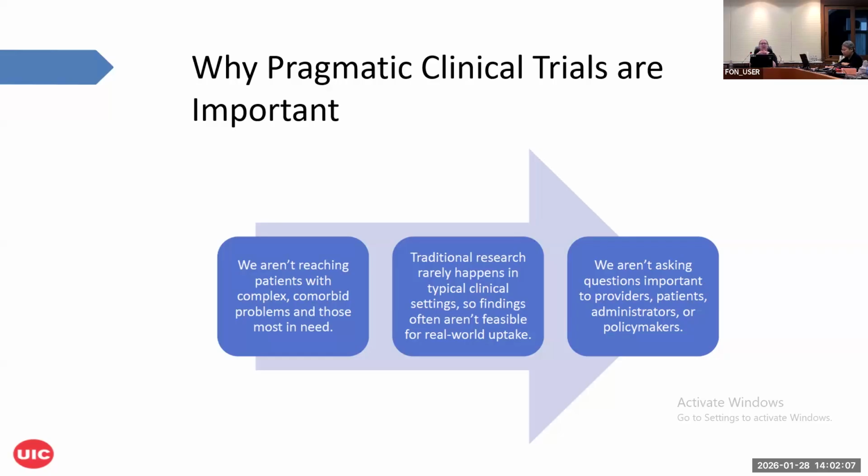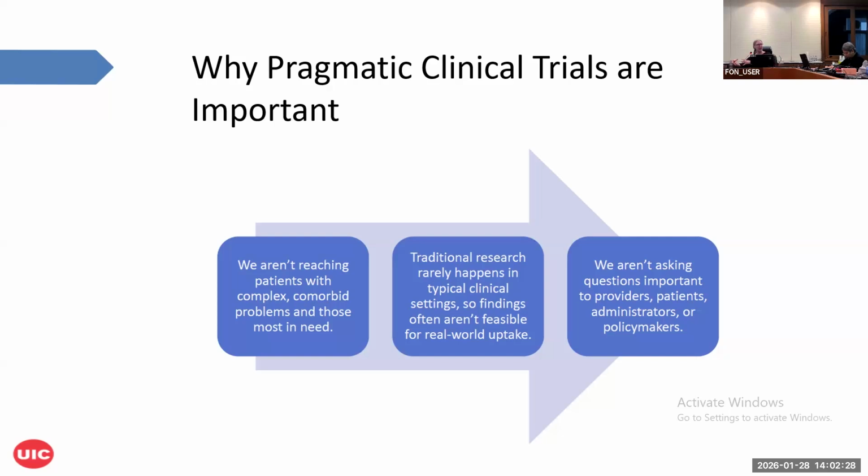The next point here in the middle is traditional research rarely happens in typical clinical settings. This means, like a randomized clinical trial, we may recruit from the hospital, but it's not usually part of normal clinical practice.